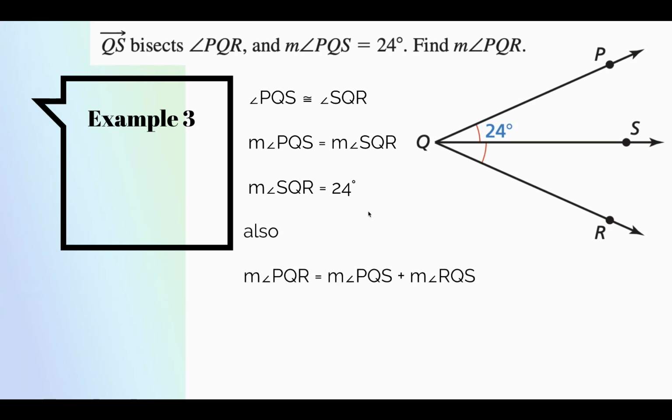Because of the angle addition postulate, we know that the measure of angle PQR, this big measure, is equal to the sum of these two smaller measures. So substituting in the values, 24 degrees plus 24 degrees is equal to 48 degrees. Now just go back and look at your diagram and make sure that makes sense. PQR looks like it measures about 48 degrees, right?